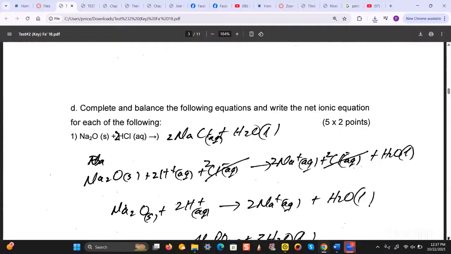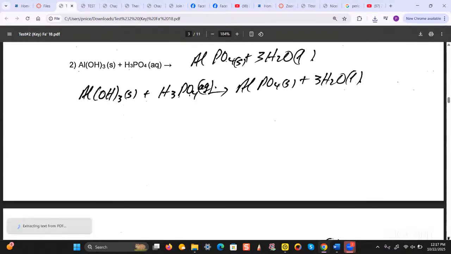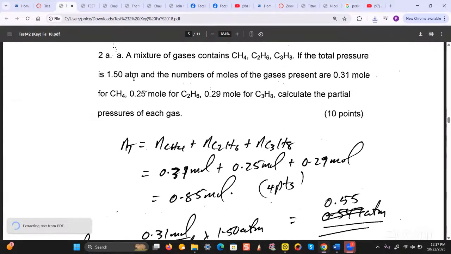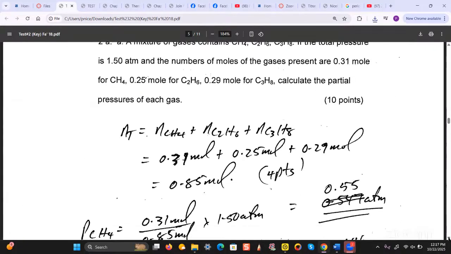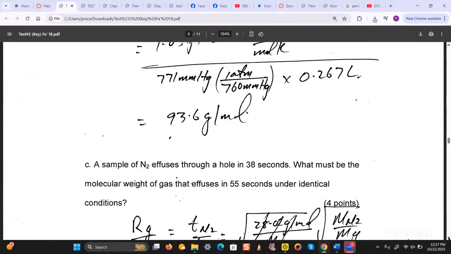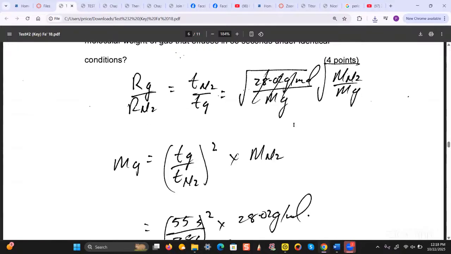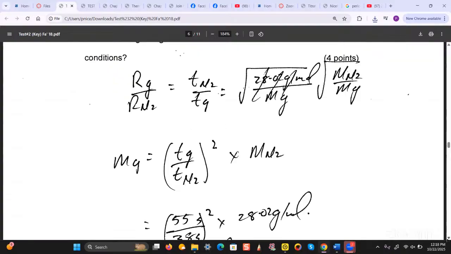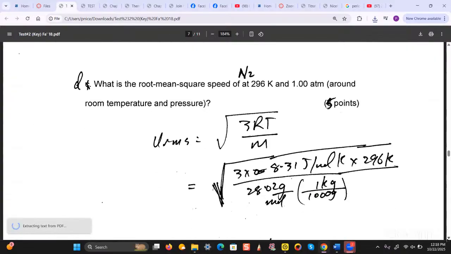This one here, balancing, going from molecular equation to ionic equation to net ionic equation. So yes, you need to look at that as well. Gas laws again. Graham's law of diffusion.